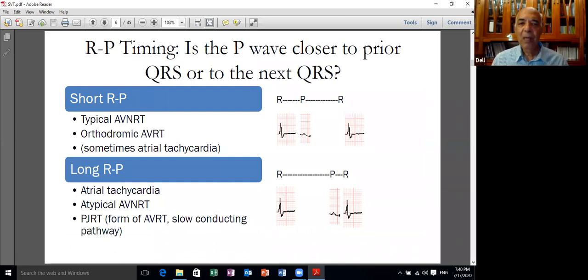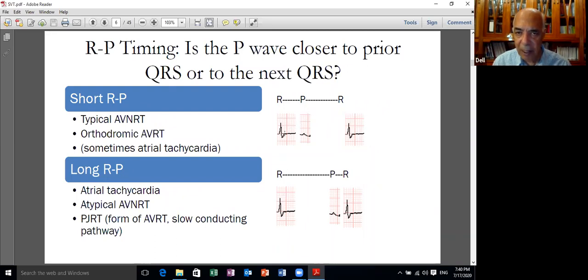Okay. Now let us go to the explanation of the short versus long RP tachycardia. If this is the RR interval, then you divide this distance into half. If the P wave falls into the left-sided half, this is called a short RP tachycardia. If the P wave falls into the right-sided half, it's called a long RP tachycardia.